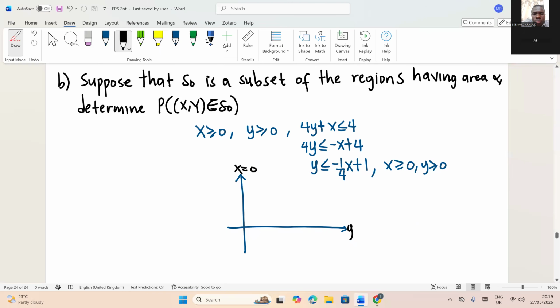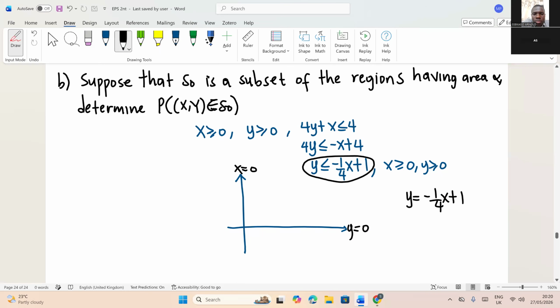To sketch the region, we start with y equals negative quarter x plus 1.